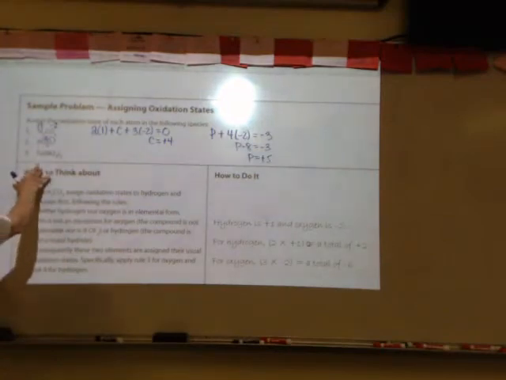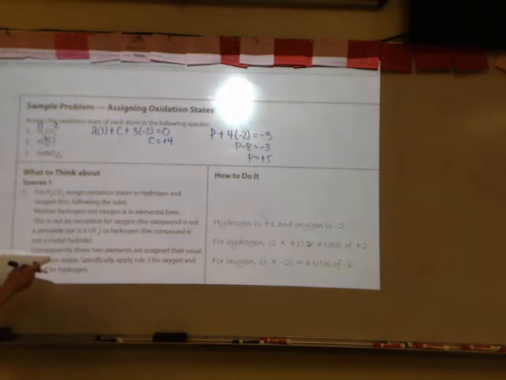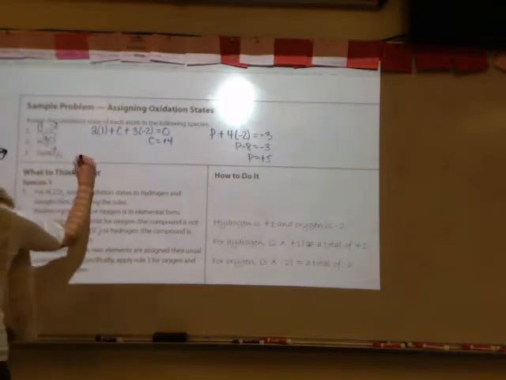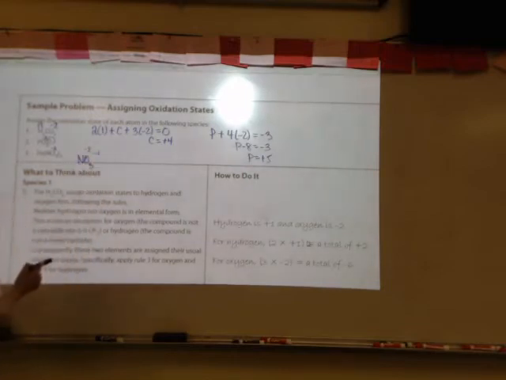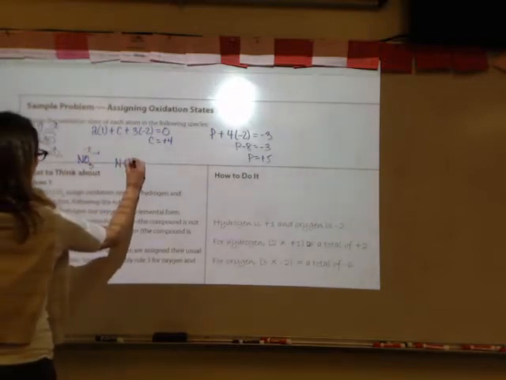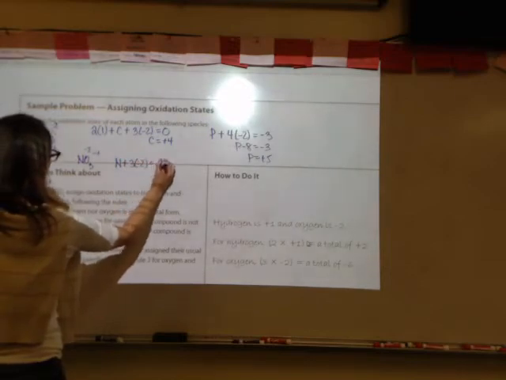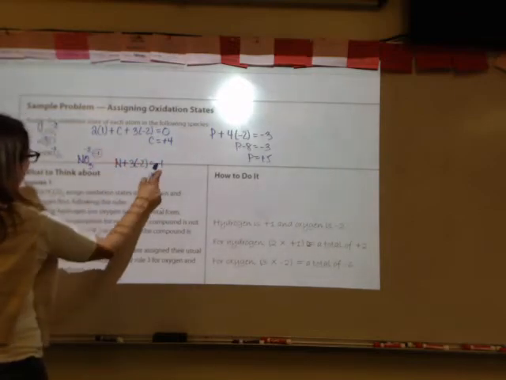For number 3, what we're going to do is we're going to first look at this nitrate ion. You know that oxygen is a -2. And you know that the polyatomic ion nitrate has a -1 charge overall. So nitrogen plus 3 oxygens at a -2 add up to this -1 charge overall.